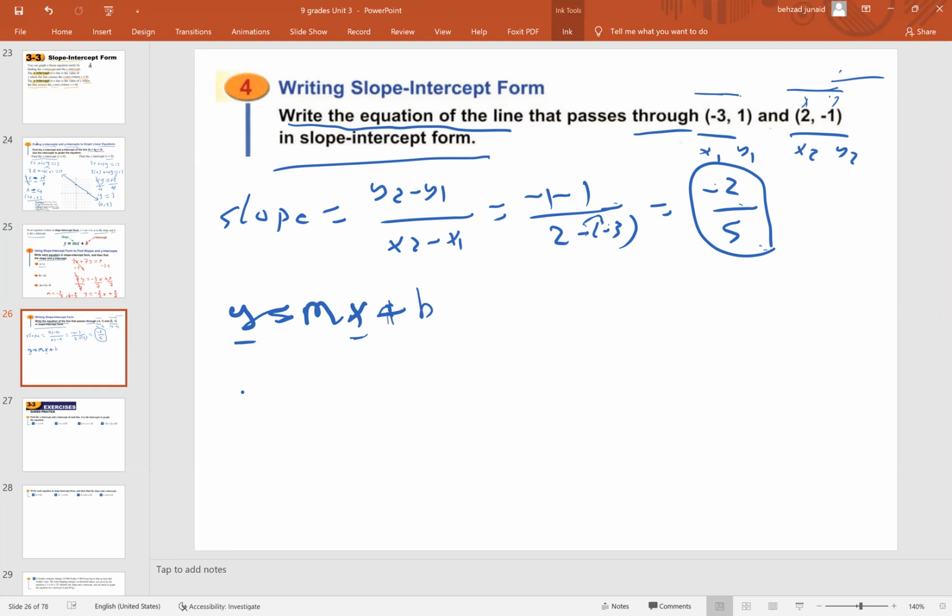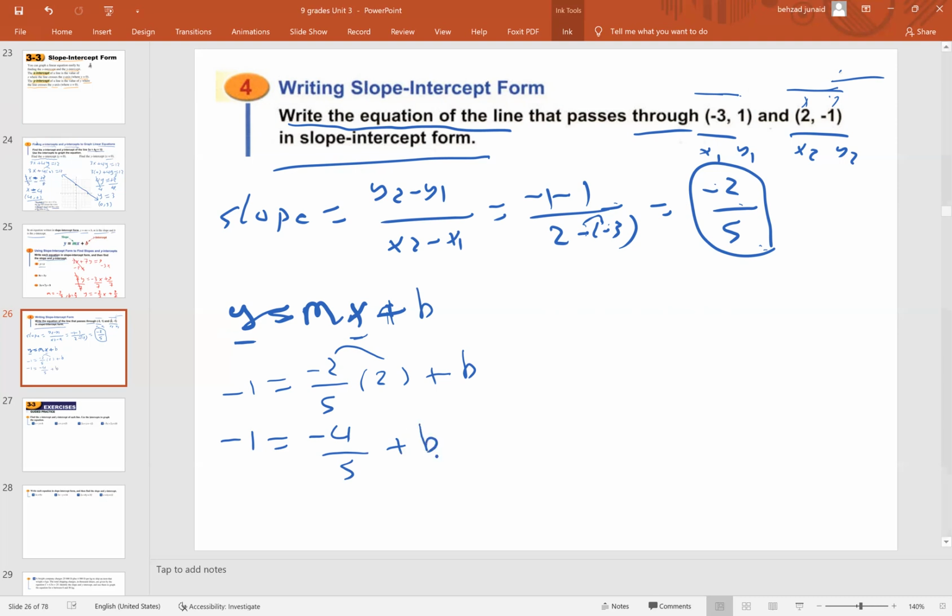And y equals negative 1. And when you find negative 2 over 5 times x, which equals 2, plus b, because you are going to find b, it means the y-intercept. Negative 1 equals 2 times negative 2 equals 4. Negative 1 equals negative 4 over 5 plus b.